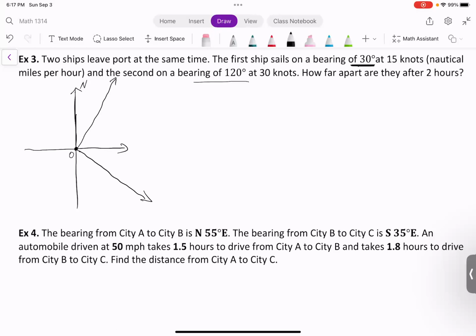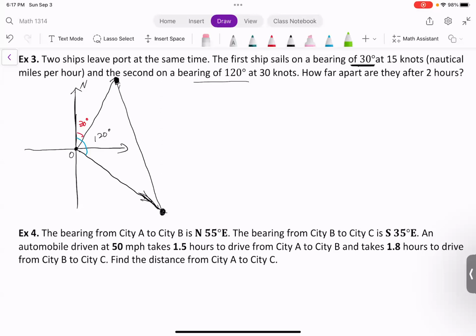I don't know. I need to find how far apart the two ships are, from here to here. If this is a right triangle, maybe I can solve it. Is this a right triangle? Let's put in the information. This is 30 degrees, and from north to the second ship's direction is 120.